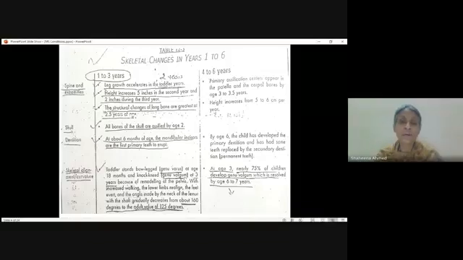All the bones of the skull are fused by 2 years. And the teeth, by 6 months of age, the child starts to erupt his first teeth. They are the primary teeth which come out. And as the months go by, gradually the rest of the teeth follow.